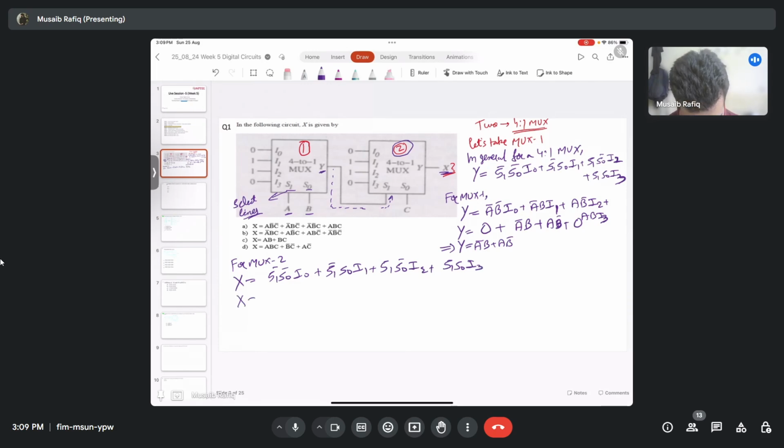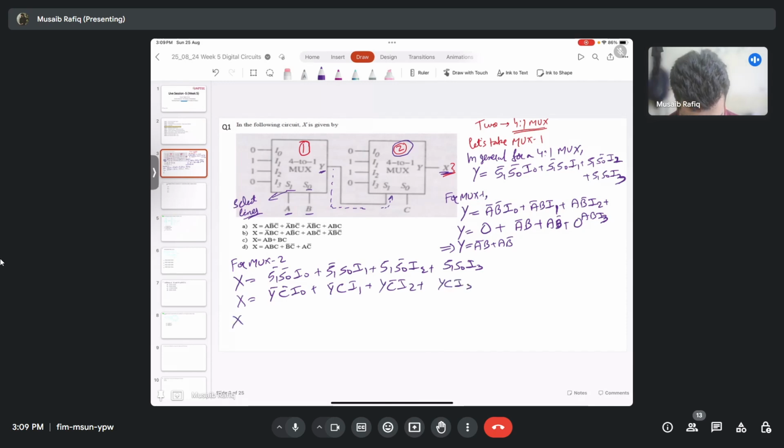So X is equal to, what is my S1? My S1 is Y, so it is Y bar C bar I0 plus Y bar C I1 plus Y C bar I2 plus Y C I3.